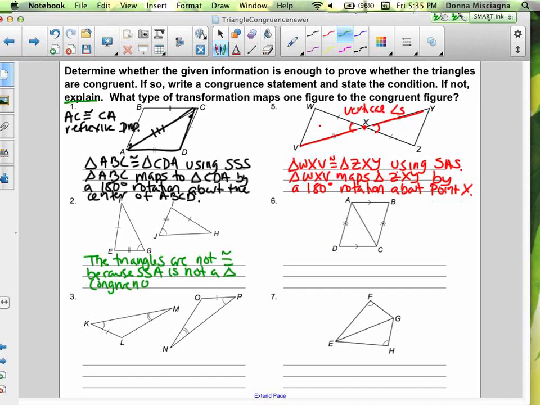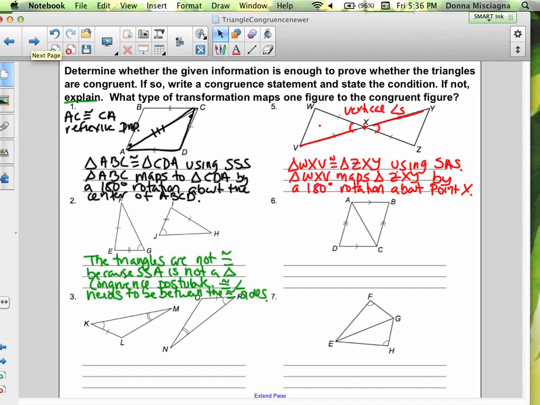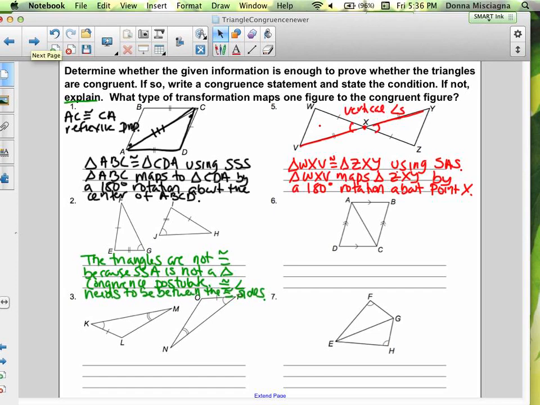That's really not enough. Why isn't it a triangle congruence postulate? Well, it's because the angle needs to be located between the congruent sides. So the congruent angle needs to be between the congruent sides. I think I wrote smaller. I did this before with fifth period. They just finished this in class. And I think I wrote a little bit smaller because I was able to squeeze that in. So if they're not congruent, one doesn't map to the other. So we're done with that one.